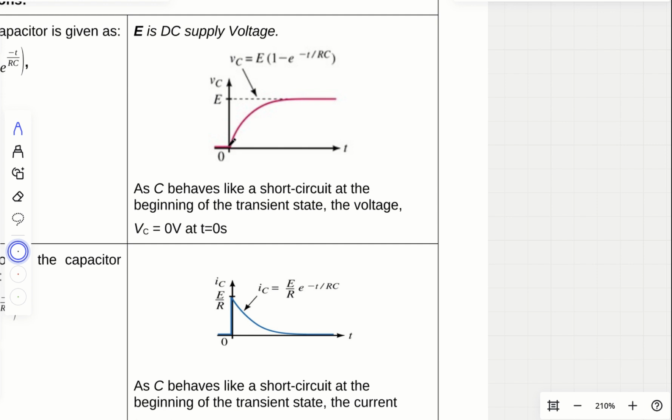When we turn on the switch, the capacitor will slowly charge and the voltage will increase. At any point, if I want to know what the voltage is at this time, we can use this equation. Similarly for current, at any time, if I want to know the current, I can use this equation. So that's all about charging of a capacitor.